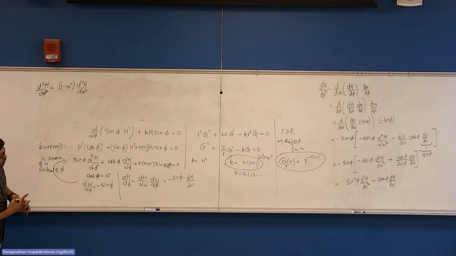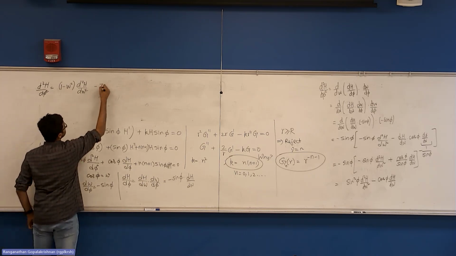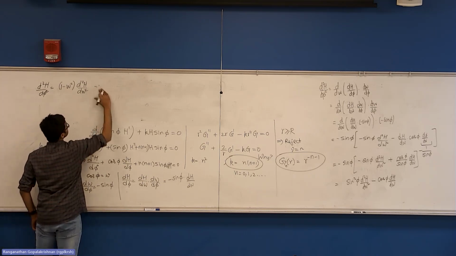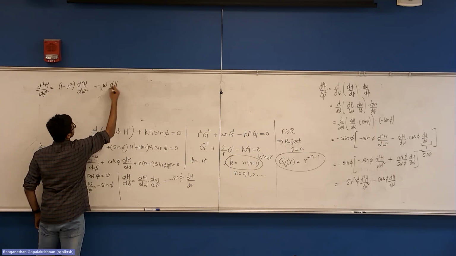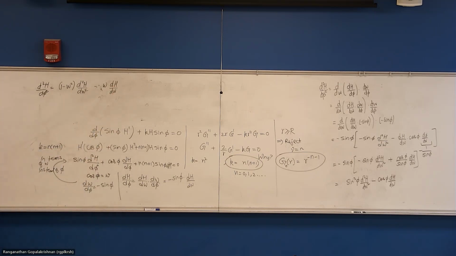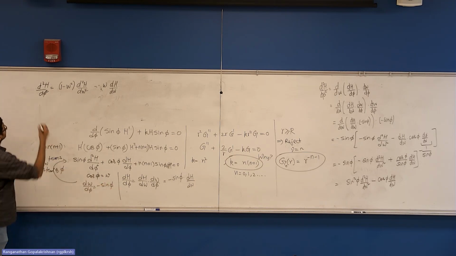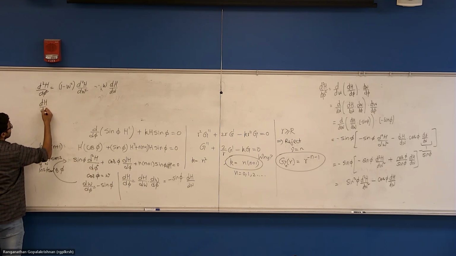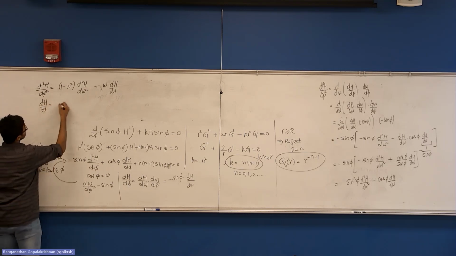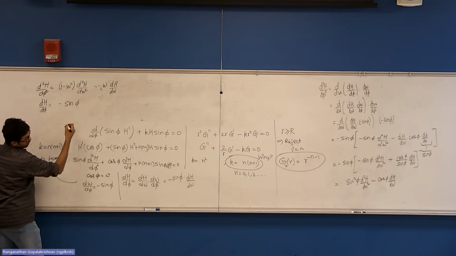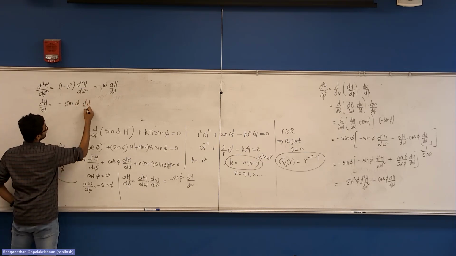And what is cos phi? It is minus w times dh over dw. Okay. And dh over d phi is minus sine phi times dh over dw.